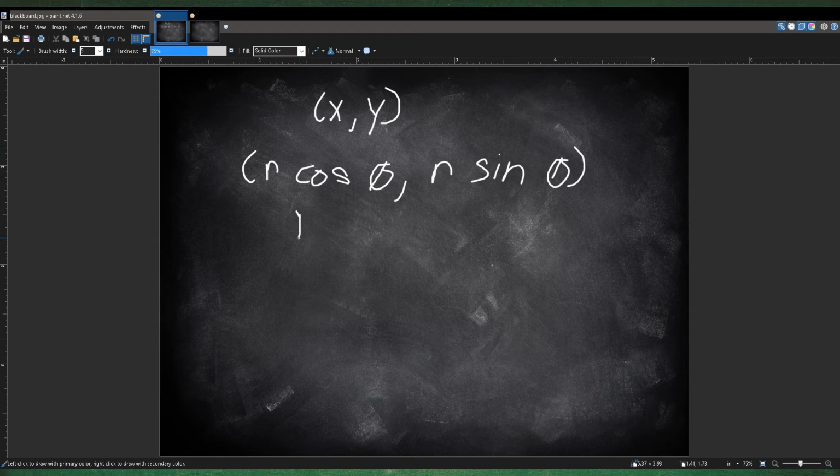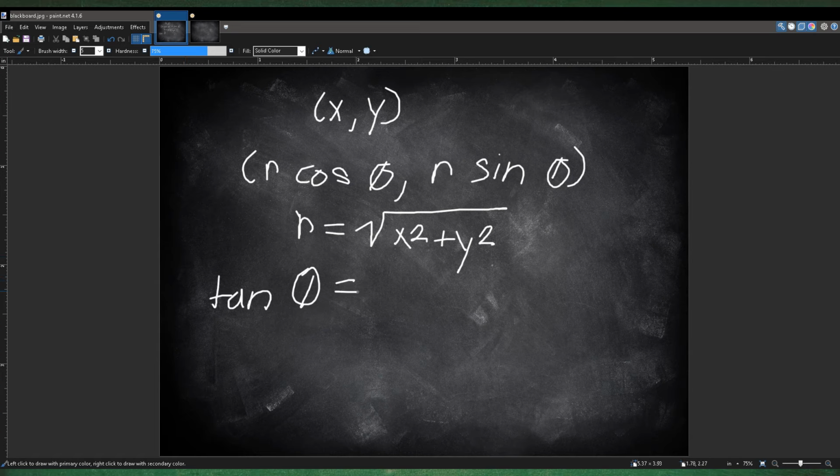And r would be equal to the square root of x squared plus y squared, and tangent of theta would be equal to y over x. But technically, we won't be using this very often because we would be dealing with x and y as variables, so this won't really have a definitive answer, like a number.